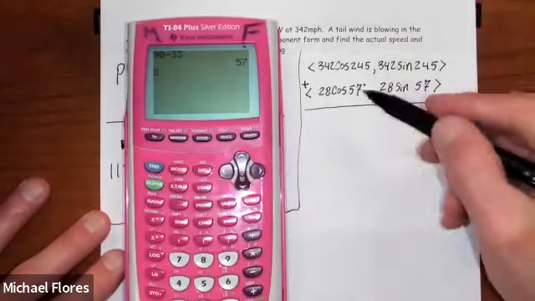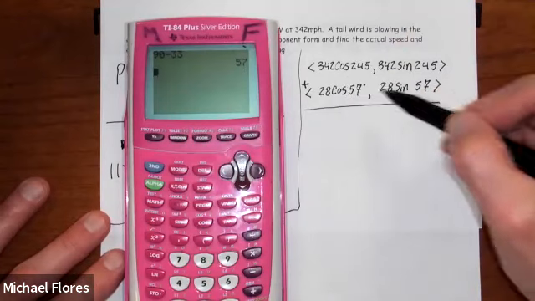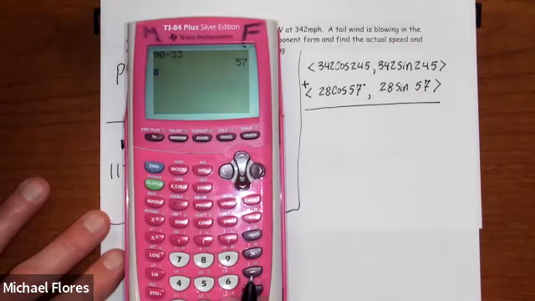When we go to add, make sure you're adding cosine with cosine in your calculator and then add sine with sine.